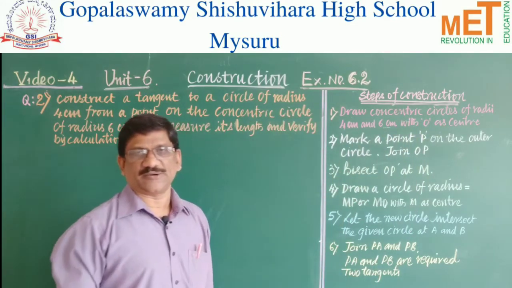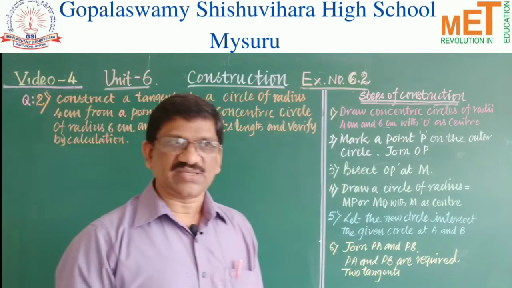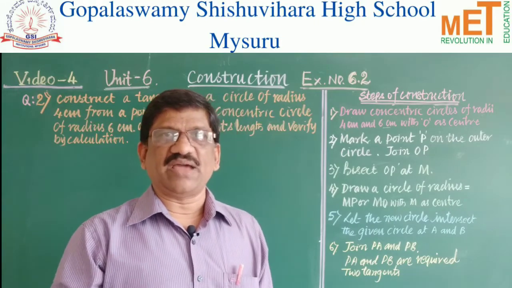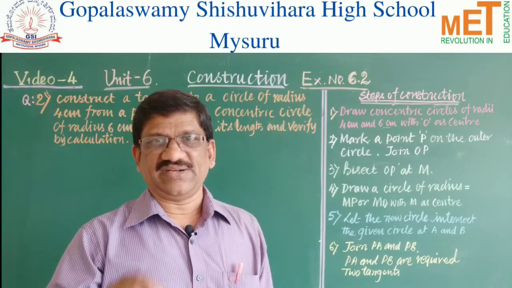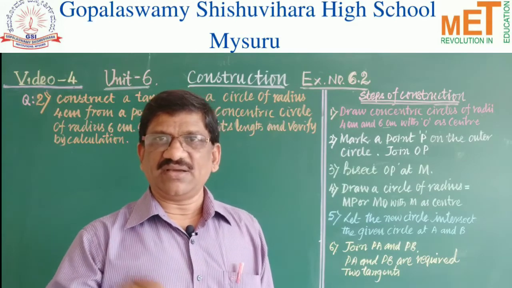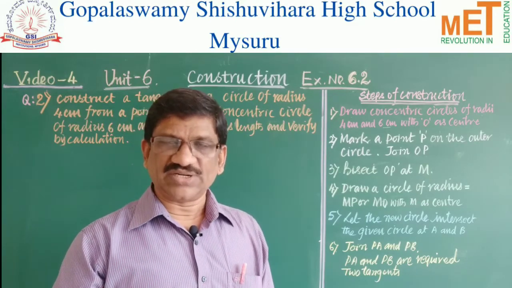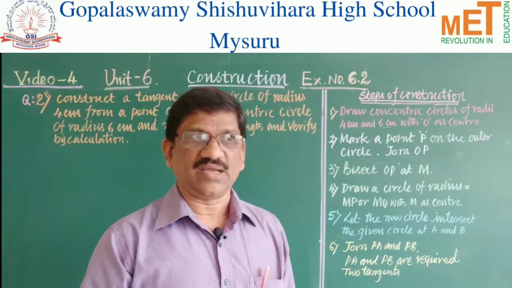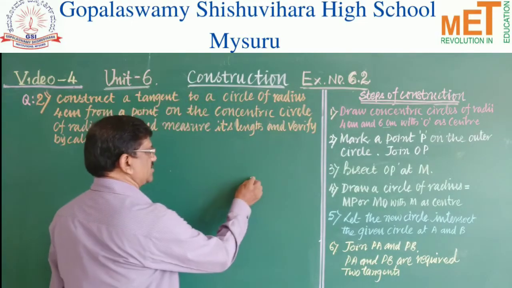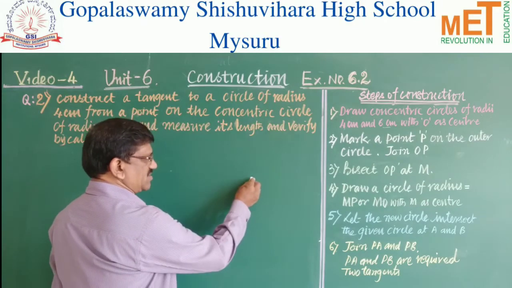You know that, children. Concentric circles means the circles which are having the same center. The radii are different, but the center for both circles is the same. You see here, suppose this is a point.